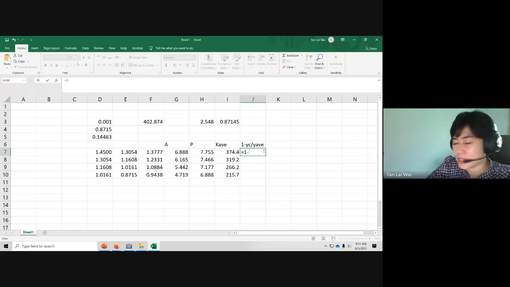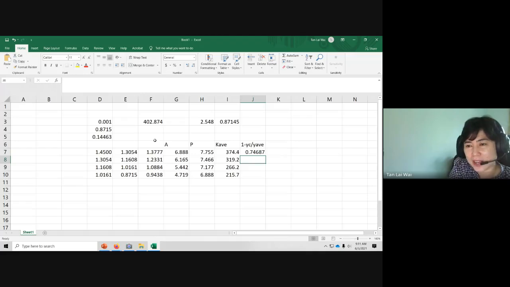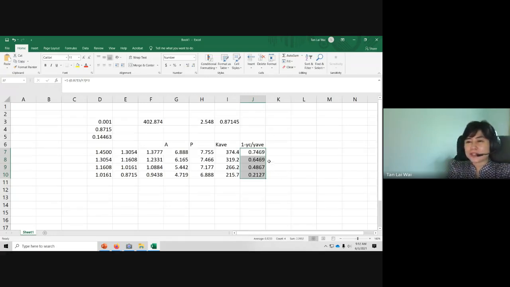So I have 1 minus yc, which is 0.8715, divided by my y average to the power of 3. There would be a slight difference between your answer and my answer, because I guess you are using 4 decimal points, but Excel keeps higher decimal points. So this would be my value.